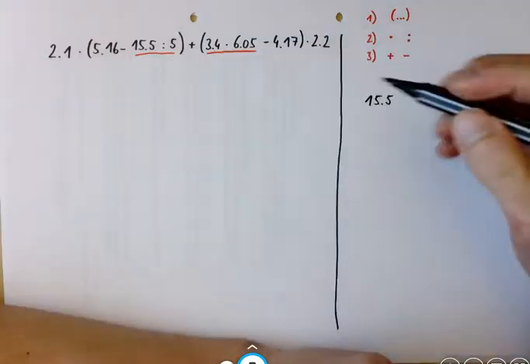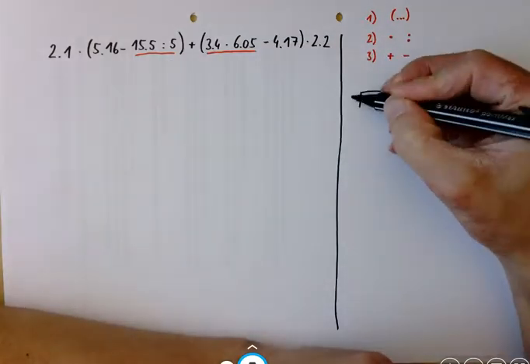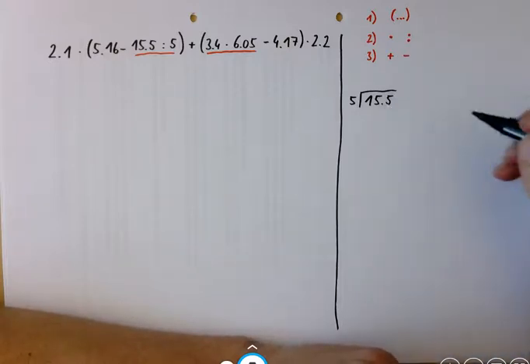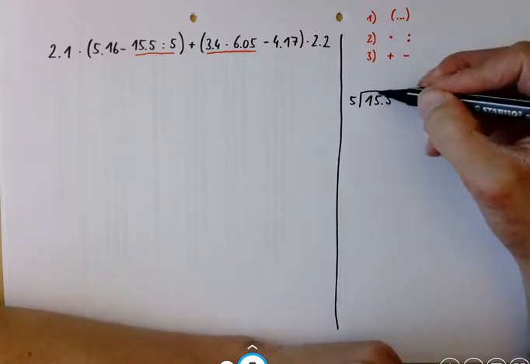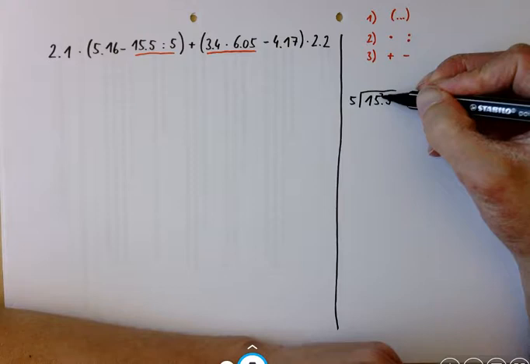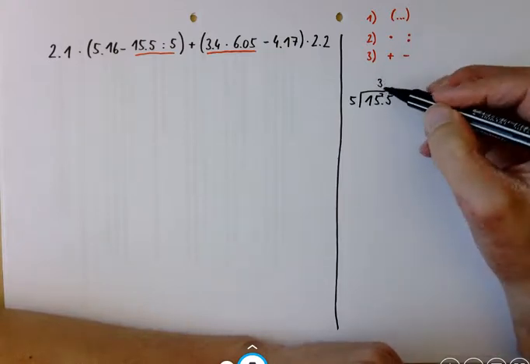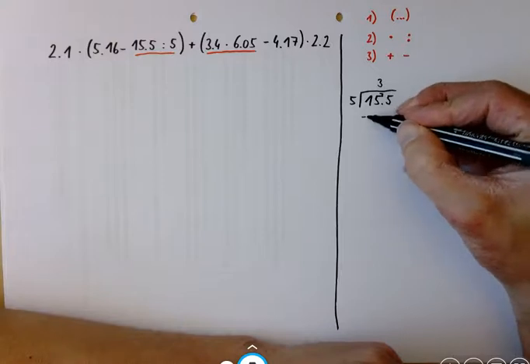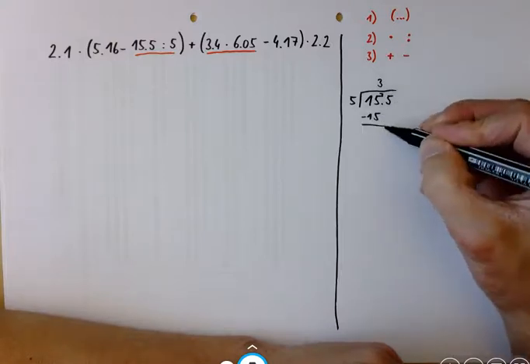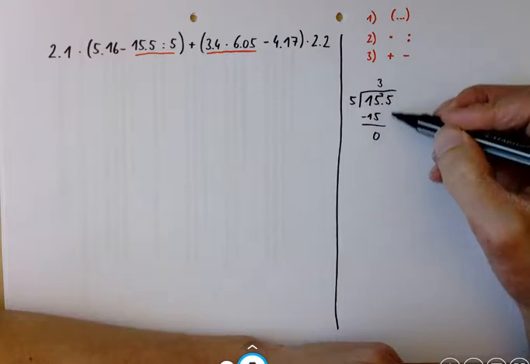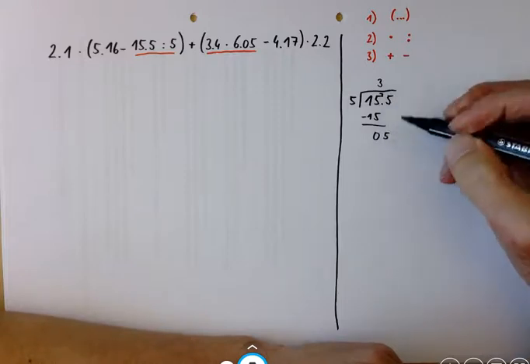15.5 divided by 5. Let's see. 5 and 15, that's 3. Minus 15, which is 0 here, and take down the 5.